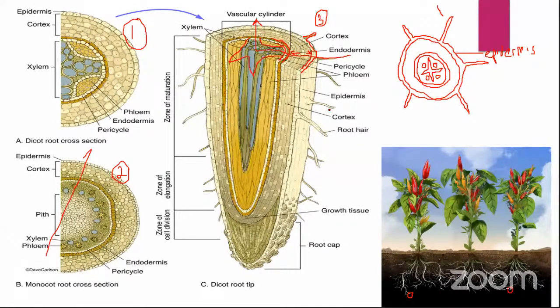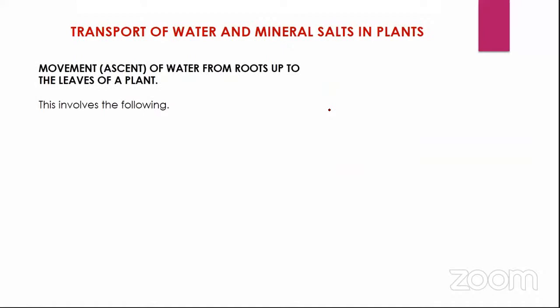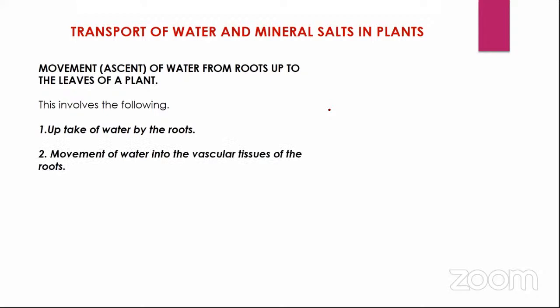Now, transport of water and mineral salts is going to involve three different processes. One is first uptake of water by the roots, because water must be taken up. And then secondly, the movement of water into the vascular tissue of the root.